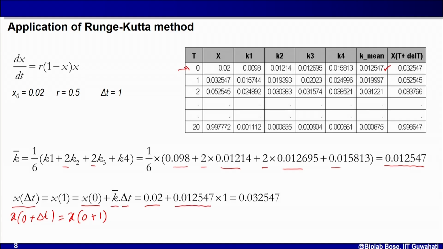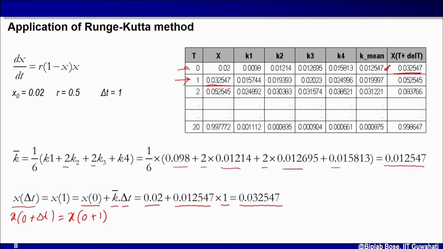The mean slope is 0.012547, I have calculated it here, into the time step. So I get a new value of x, that is 0.0325547. So in the table I write at time 1 the value of x is 0.023547. I have written it here also, the same thing.